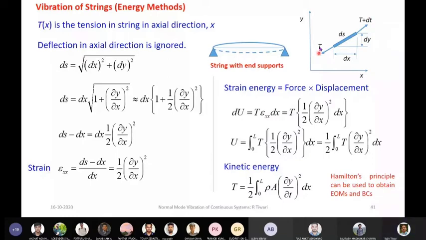ds can be expressed as the square root of this, because they are forming a triangle. If I take ds outside, this will be 1 plus this. And because there is a square root, this can be approximated using expansion.